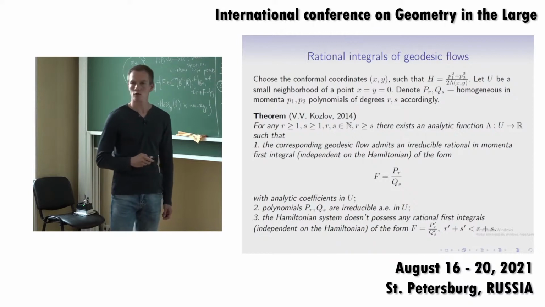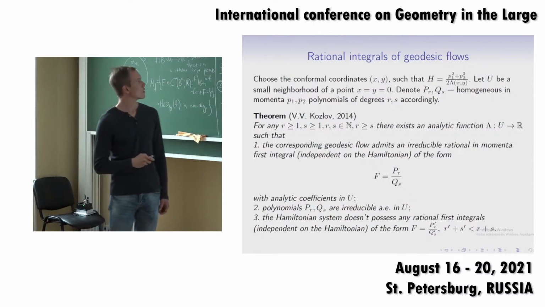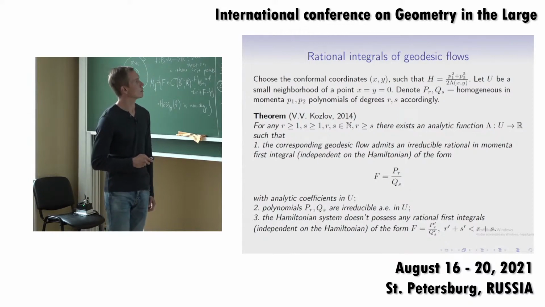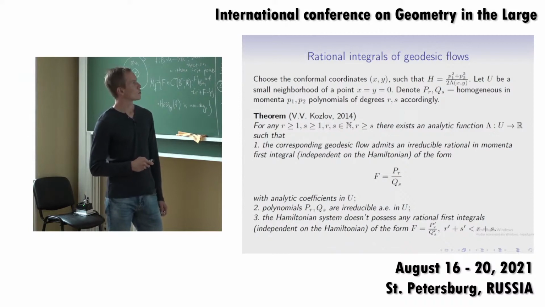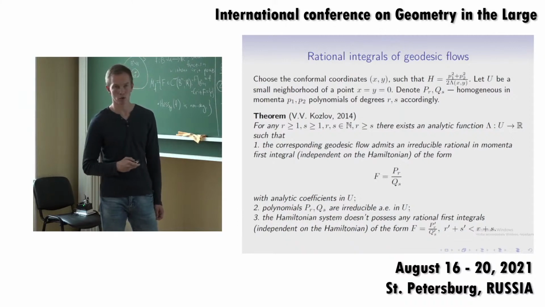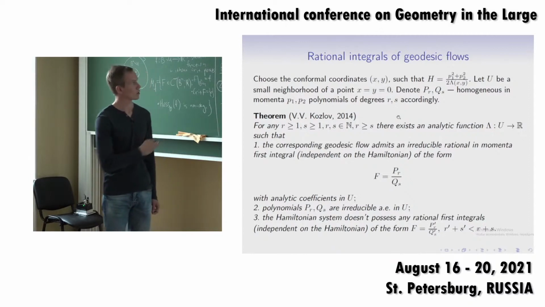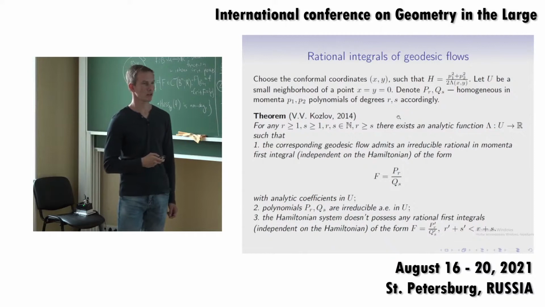the general result which was obtained by Valery Vasilievich Kozlov in 2014 corresponds to the case of rational integrals. And actually I started my talk by talking about an analogous result by Kozlov concerning polynomial integrals of an arbitrary degree.